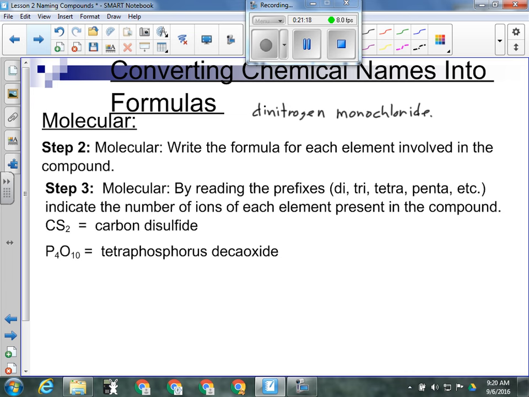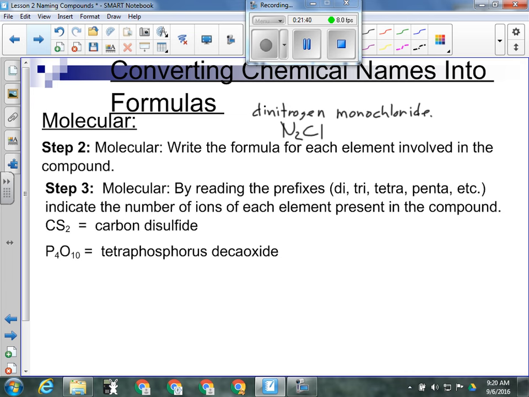I'm just making something up. Okay, dinitrogen monochloride. It probably isn't, but let's just say it is. All I do is I look at the prefixes. Dinitrogen, that means N2. Monochloride means just Cl, only one. Okay, N2Cl, that's probably not a compound, but that's how the naming goes. Molecular, really easy because the prefixes just tell us what numbers to write in.